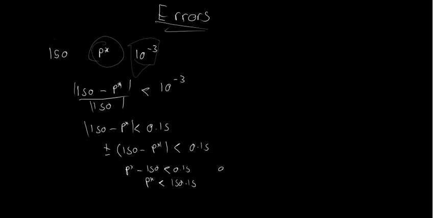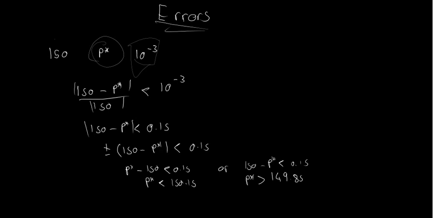Or we have 150 minus p* being less than 0.15, and then we take the p* to that side, and p* should be greater than 150 minus 0.15, which gives us 149.85.